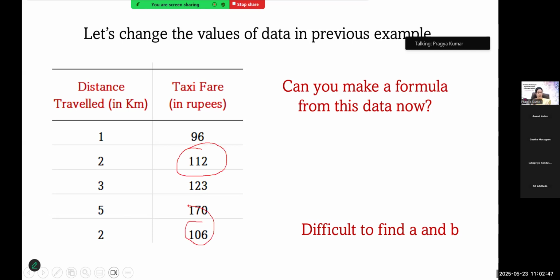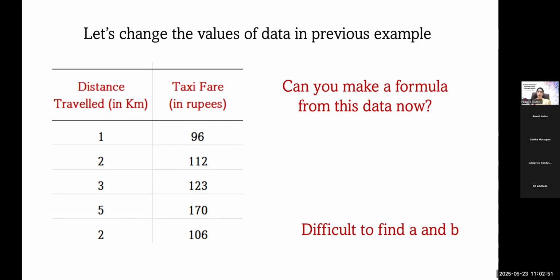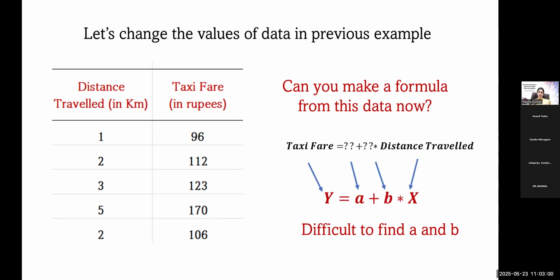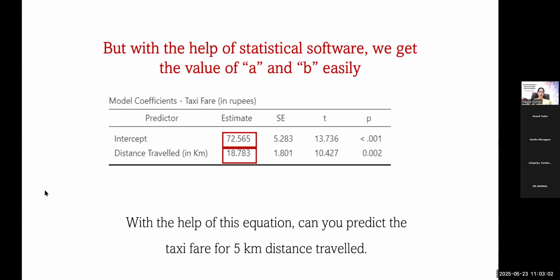So now it is difficult for me to make a formula without taking help of a software. It is difficult to find A and B. So in this case, if I take the help of a software, it gives me 2 estimates. This is the Jamovi output, which I have taken here. It gives you these 2 values.